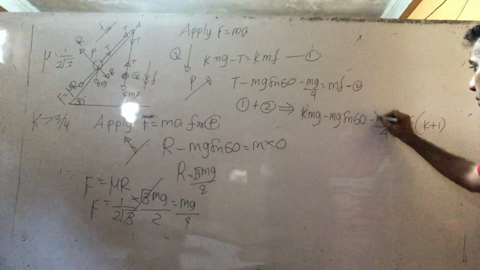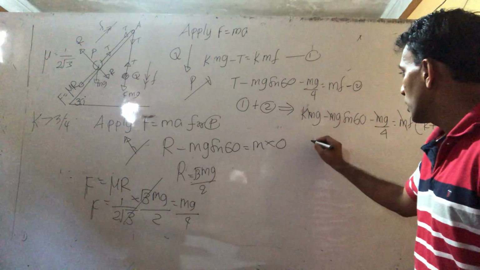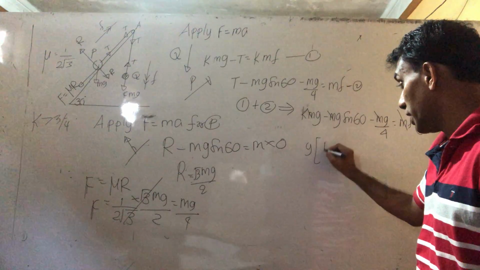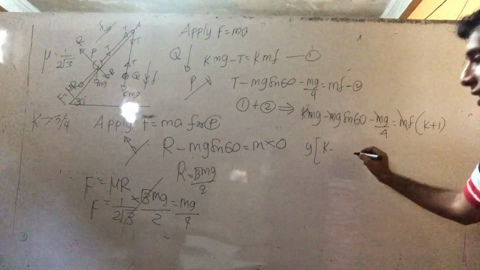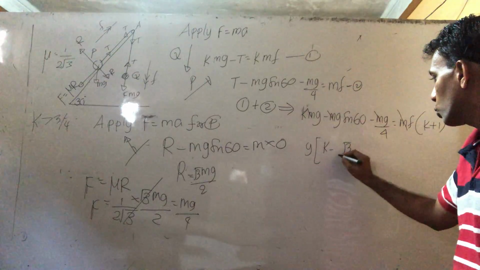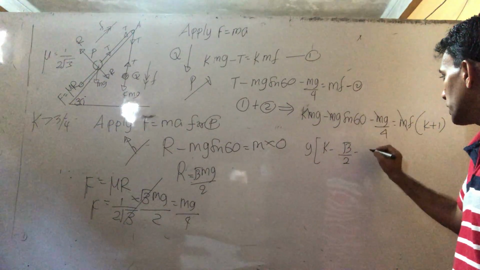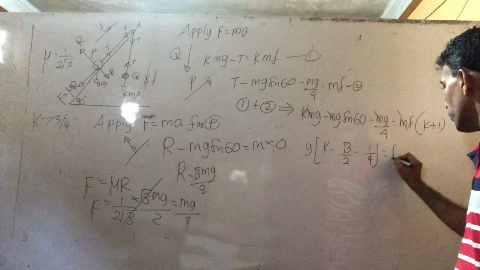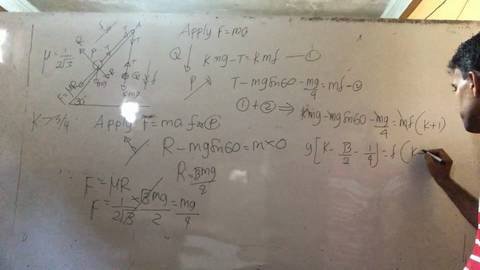Okay, so this m cancels. If we take the k out, that is g times k sin 60, root 3 by 2, this is 1/4, equals f into k plus 1.